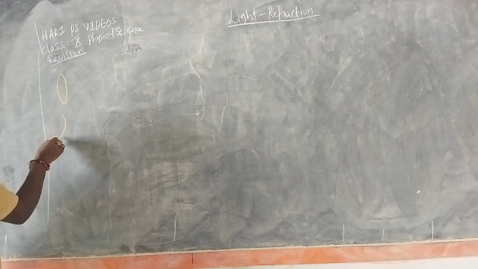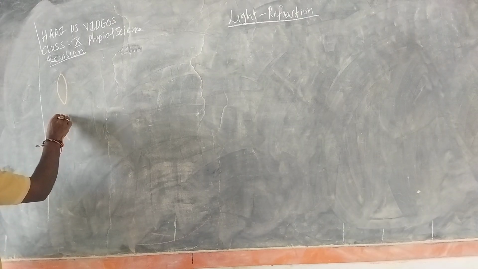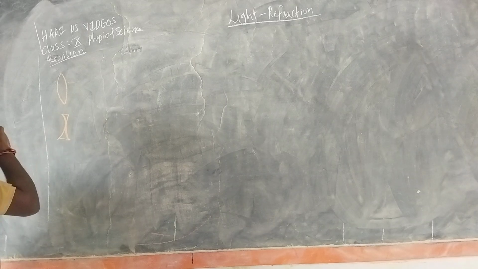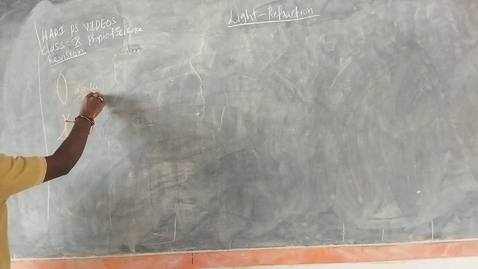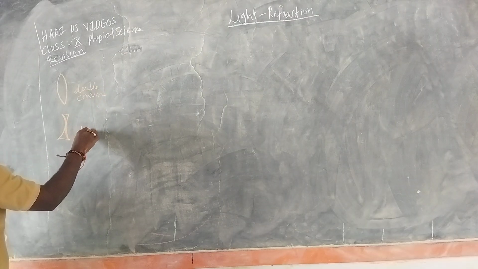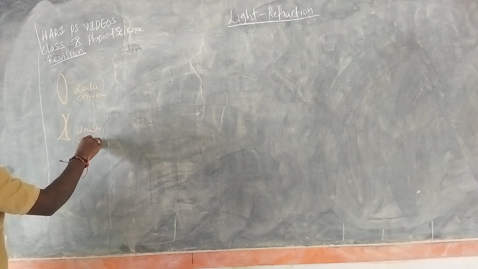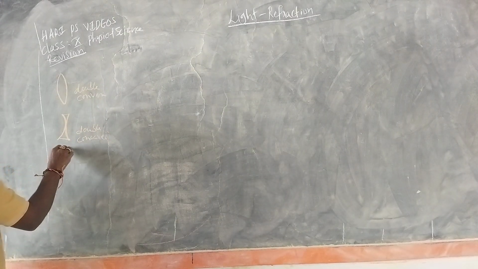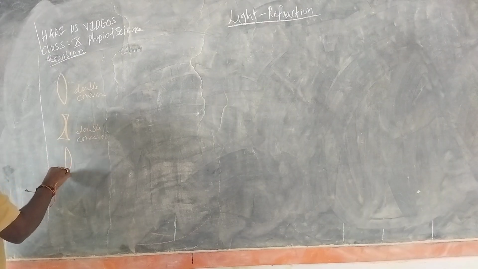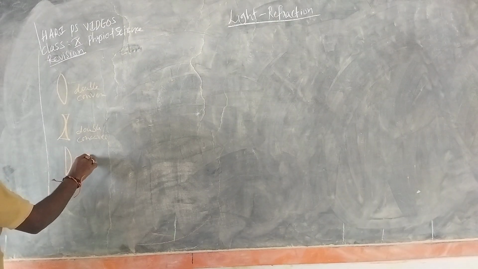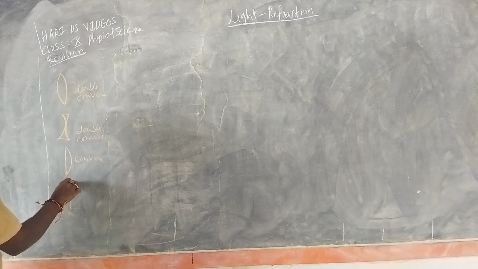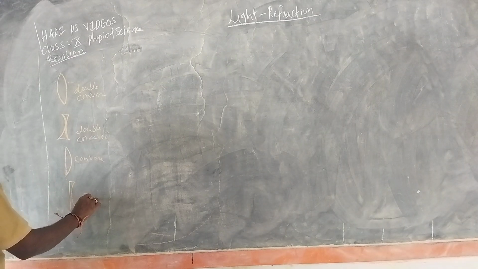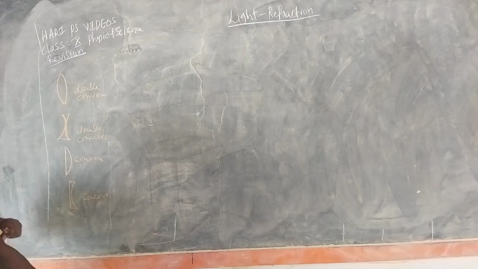These are double convex lenses. This is double convex, and this is double concave. Then this is a plano-convex lens, and this is a plano-concave lens.